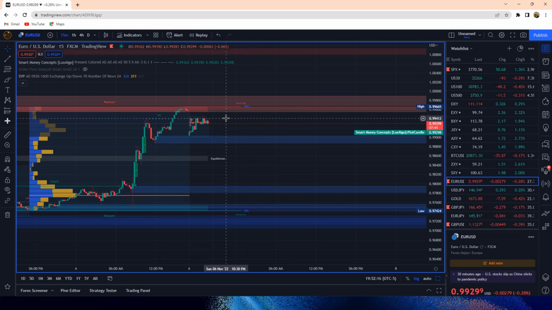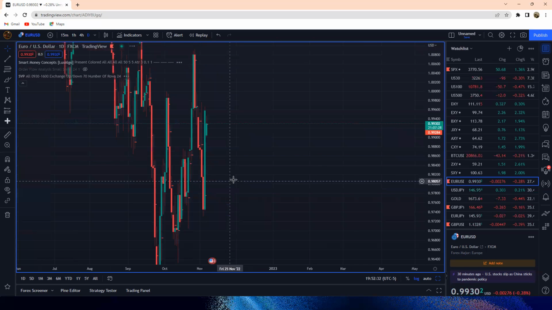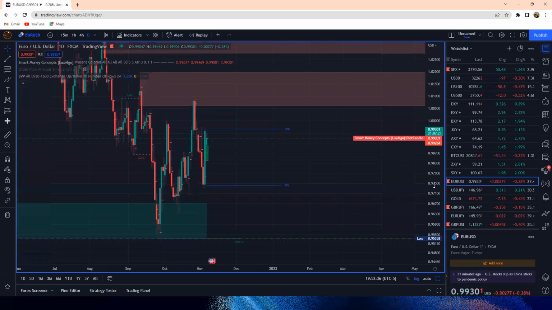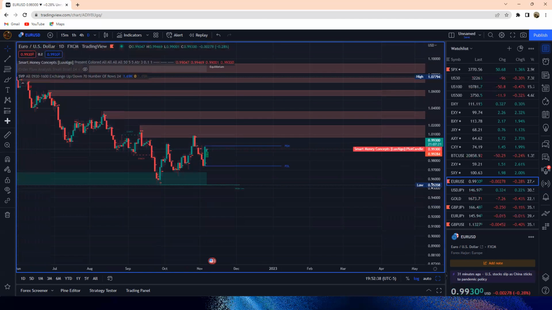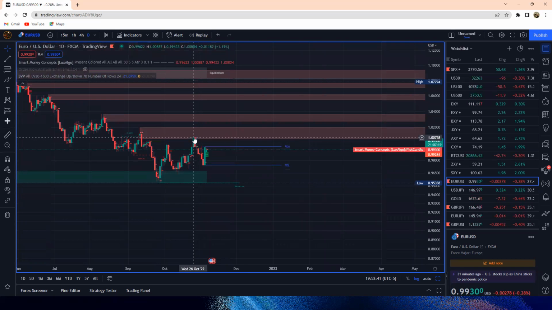The only thing I would caution is that the market is currently moving into an uptrend, but we're still in the overall downtrend, even though we're getting uptrend signals. Overall, we're still in a downtrend for the most part on the daily, but we are starting to change course. The reason I emphasize that is because we haven't yet broken this swing high right now.